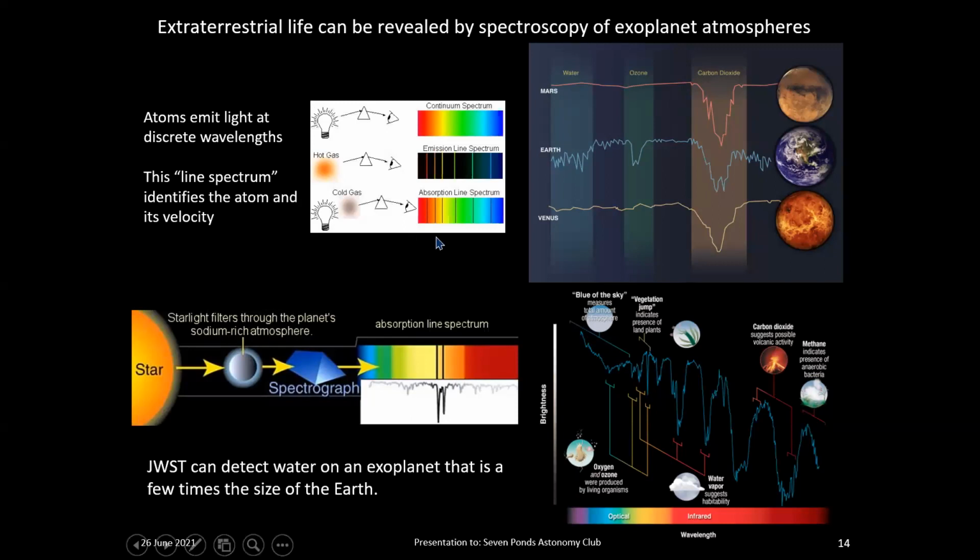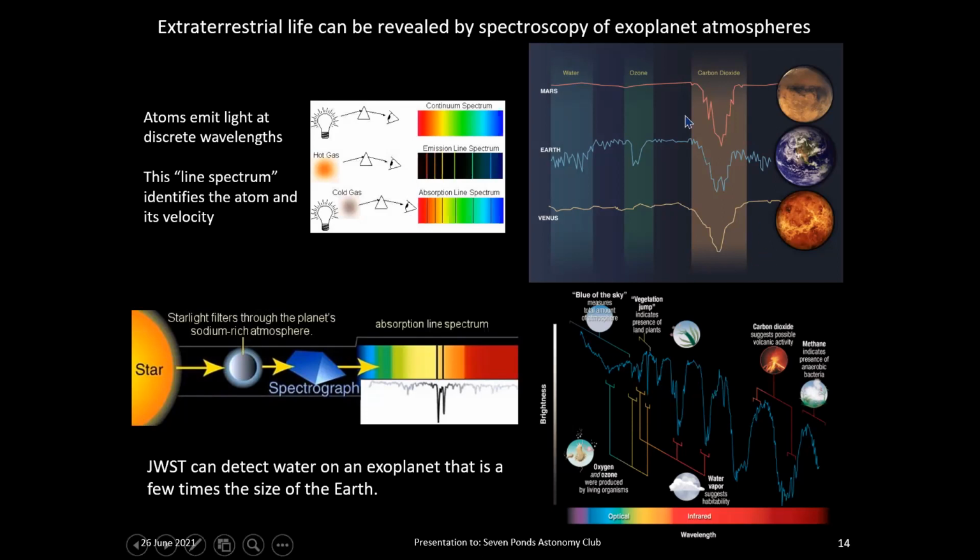With spectroscopy, we can spread light out into its component colors so that we can see the emission or absorption of individual atoms and molecules. And by comparing to laboratory spectra, we can actually identify the atoms and molecules that are producing the emission or absorption. So we can literally measure the chemistry of these exoplanet atmospheres.